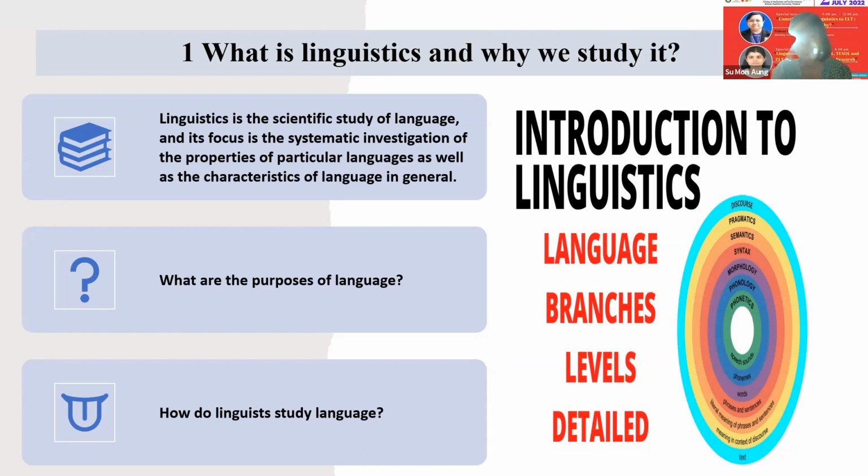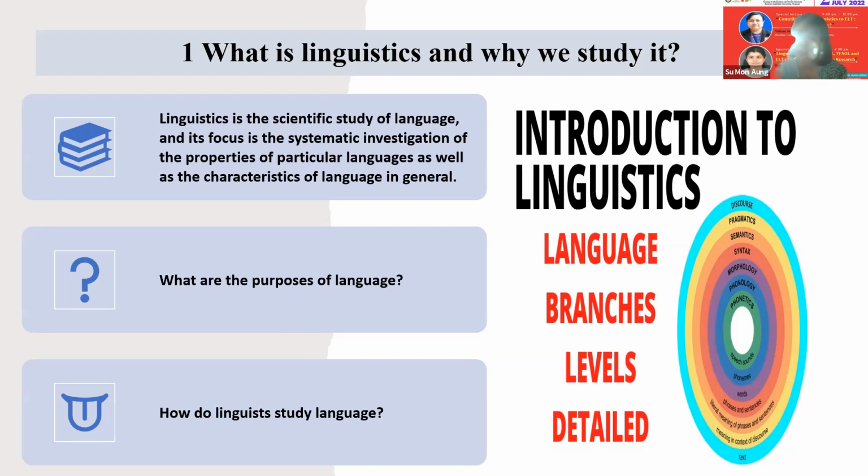For the second question, we study language from a variety of perspectives. It includes the study of phonetics and phonology. The second is the word formation process, morphology, how to form words.